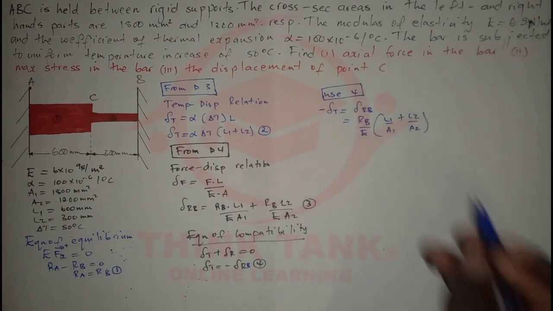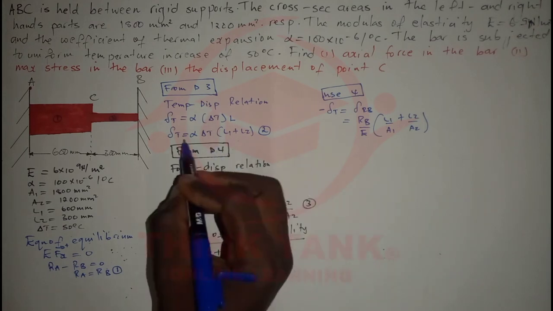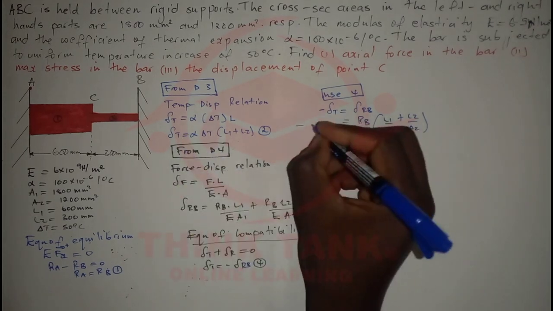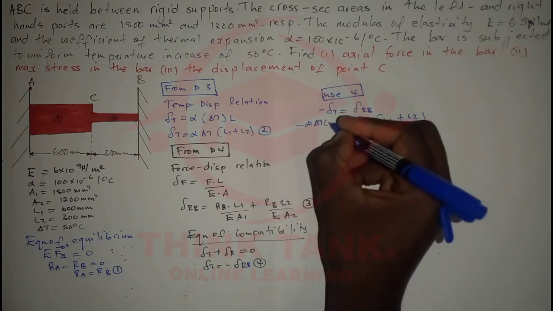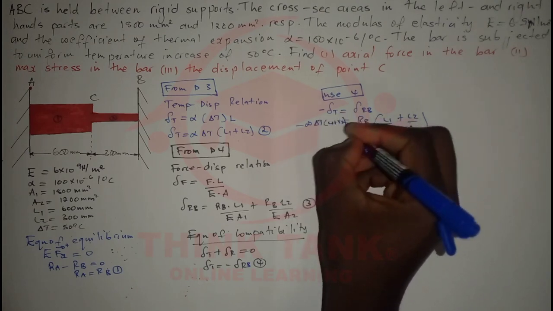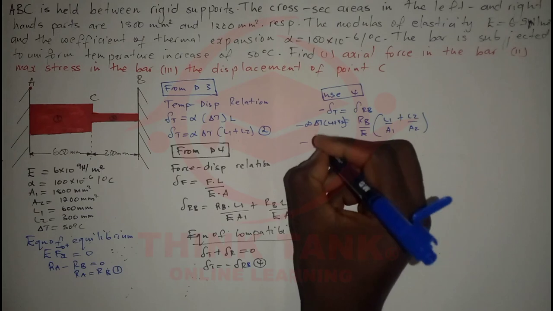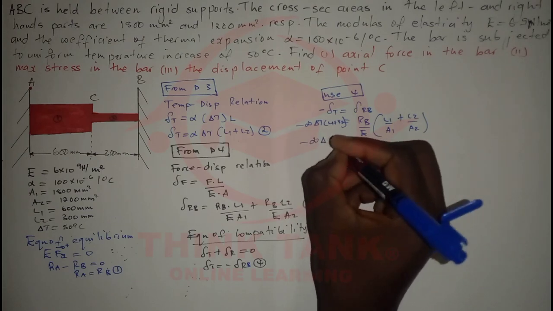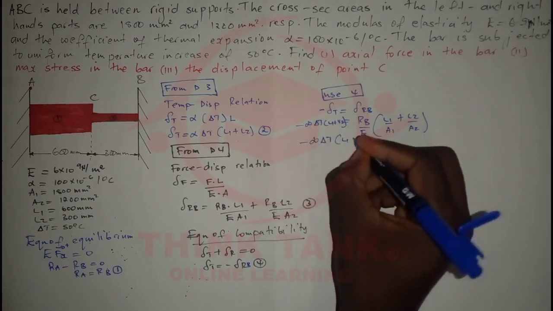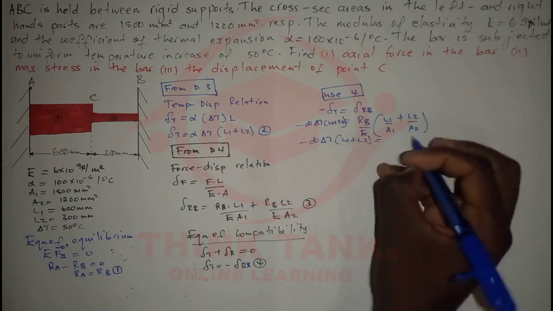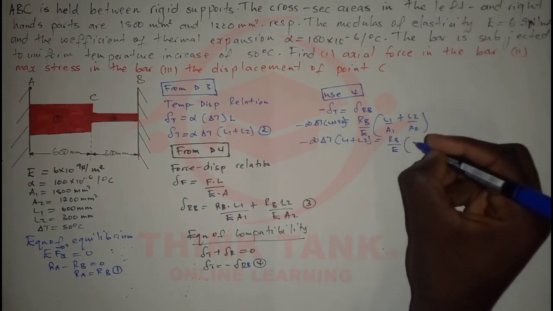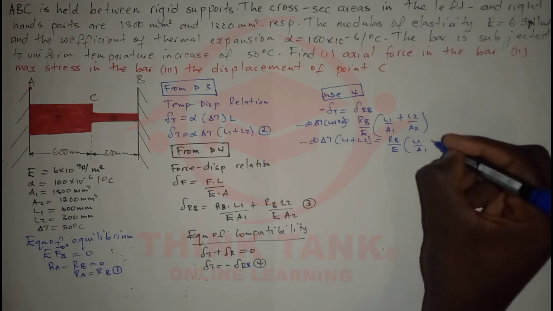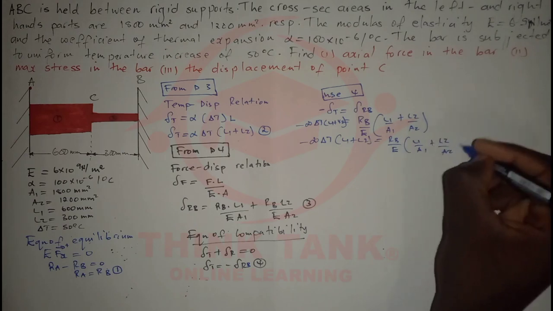Negative delta T, we have it right here, so it's going to be negative alpha, change in temperature, and L1 plus L2. Let me write it clearly: alpha delta T times (L1 plus L2) is equal to RB over E times (L1 over A1 plus L2 over A2).